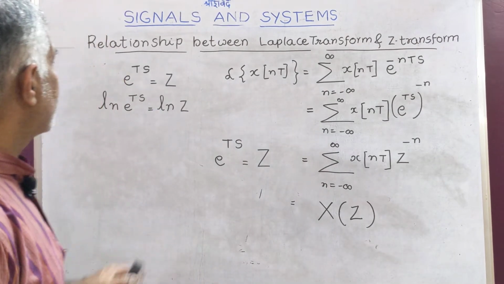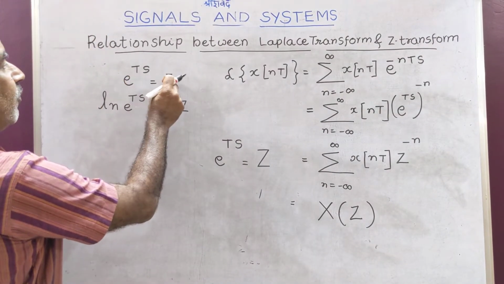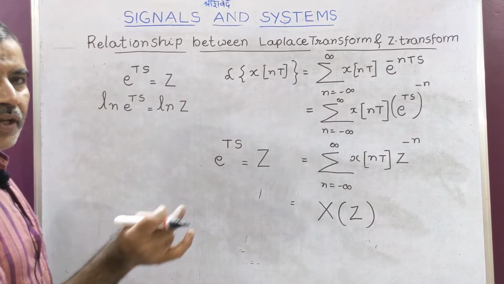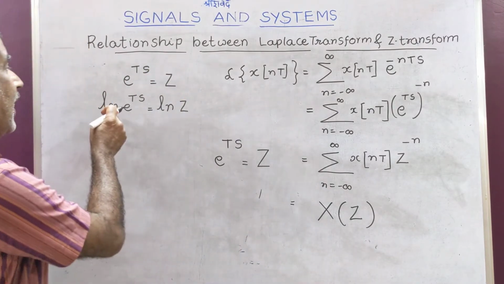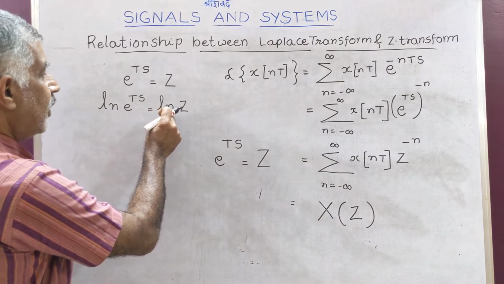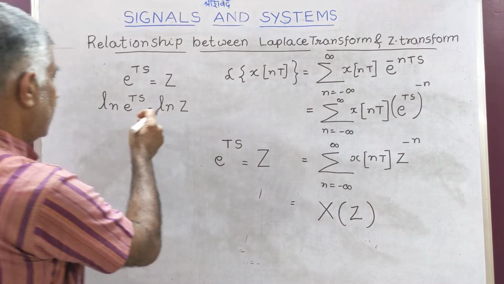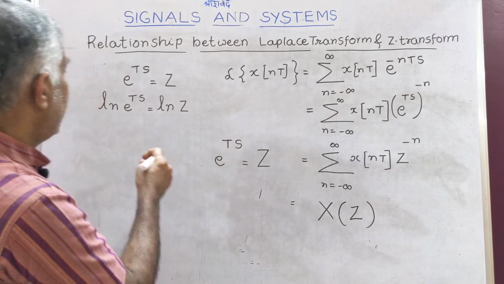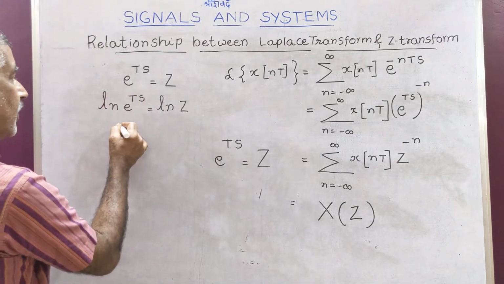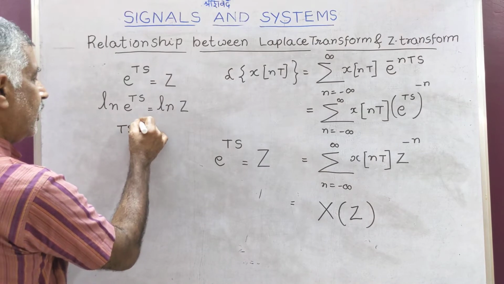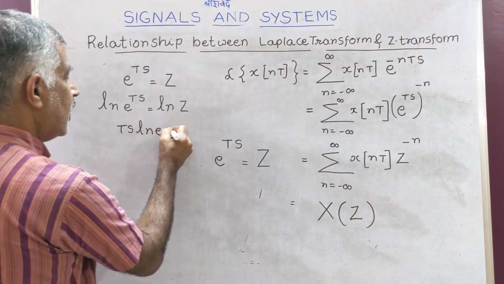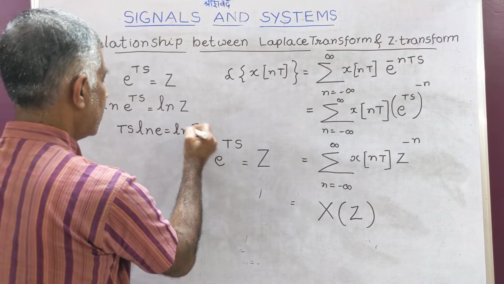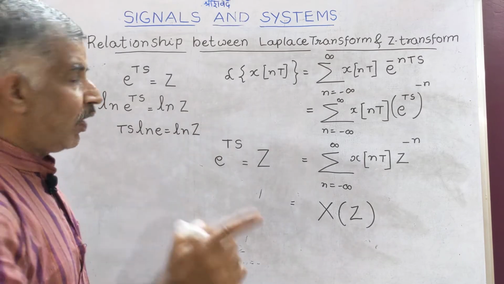Now I will continue. e power sT equal to z. Take logarithms on both sides. ln e power sT equal to ln z. The natural logarithm of the exponential number is sT, so sT ln e equal to ln z. ln e is 1.